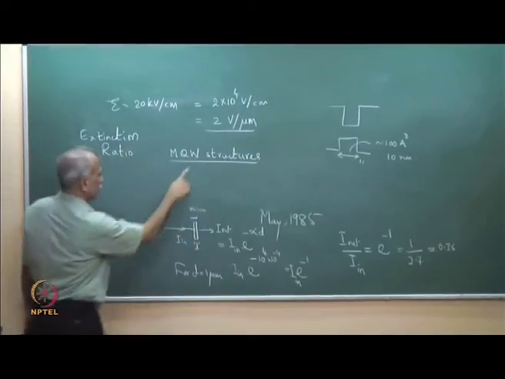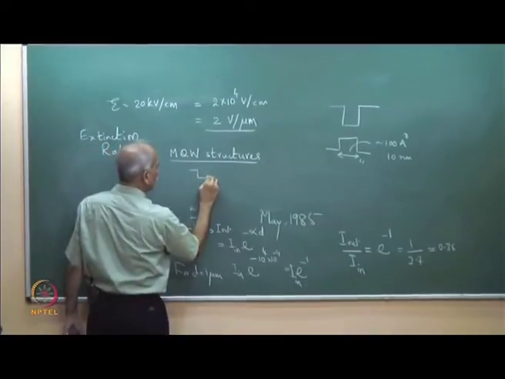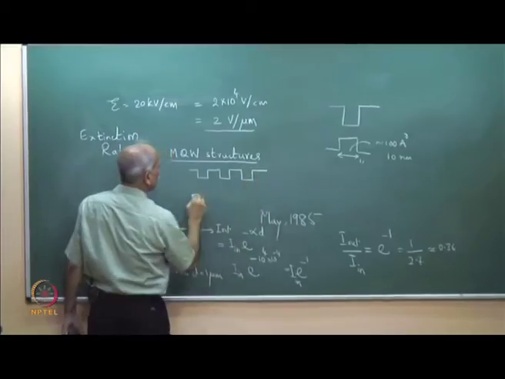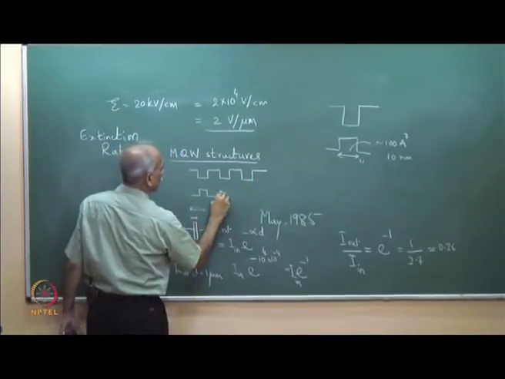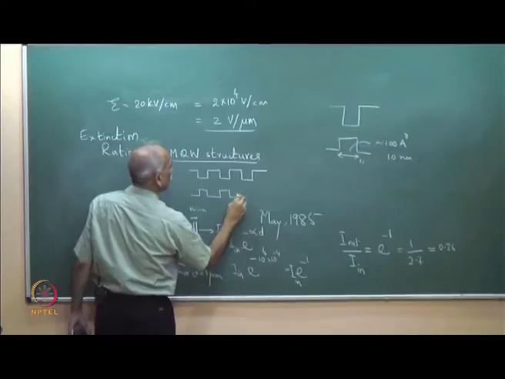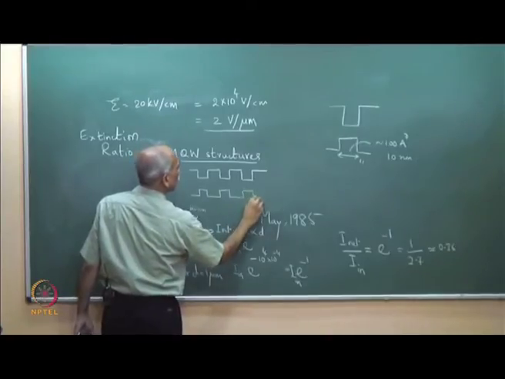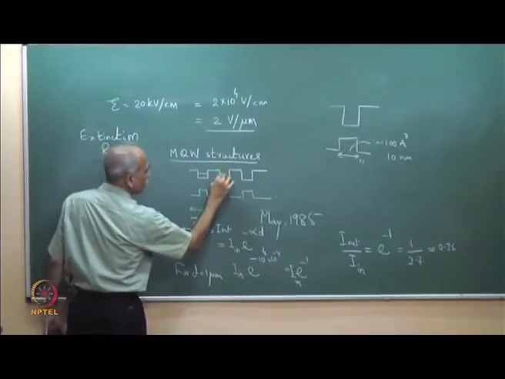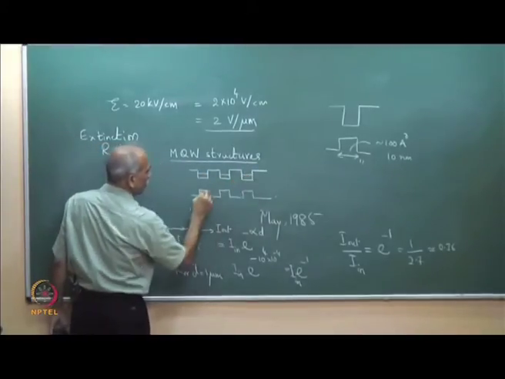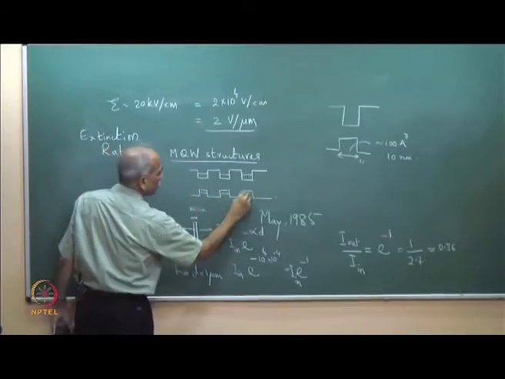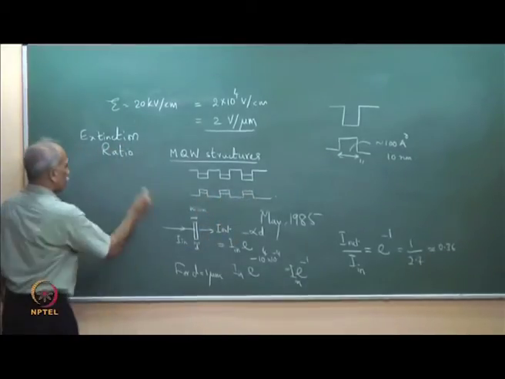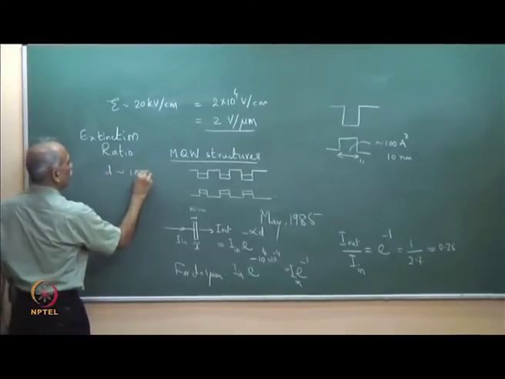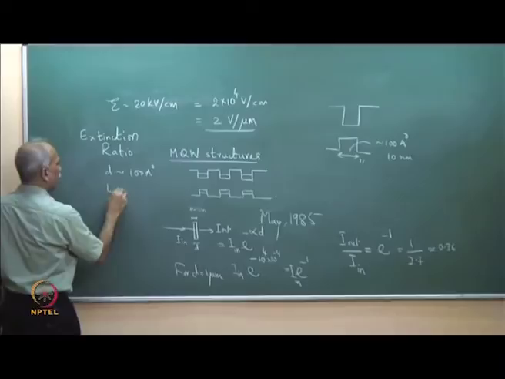MQW structures, which means you have wells, barriers, wells, barriers. So, this is the well, and if they are non-interacting, then the energy remains the same and all the properties remain the same. So, typically well width D is of the order of 100 angstroms, and L is the separation.